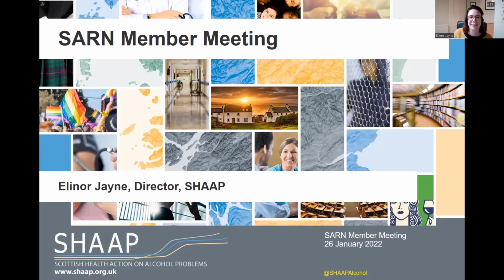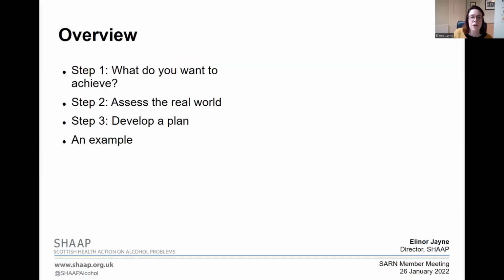So next slide, please, Chris. What I'm going to do in this presentation is go through the steps that I think, and this is coming from me as a complete non-academic, are worth going through if you want your research to reach the outside world, engage with it, and actually try to influence change.